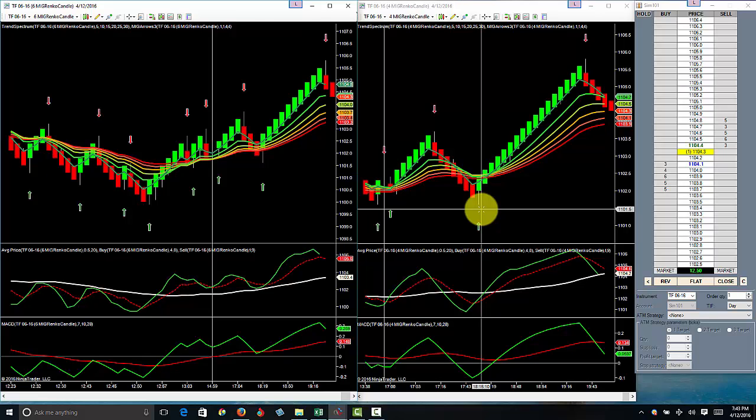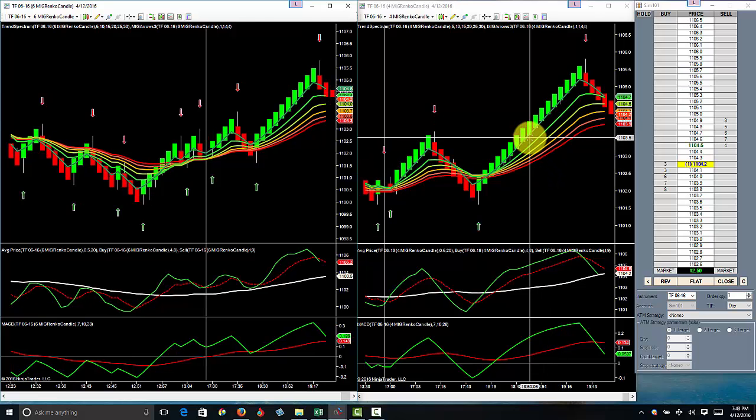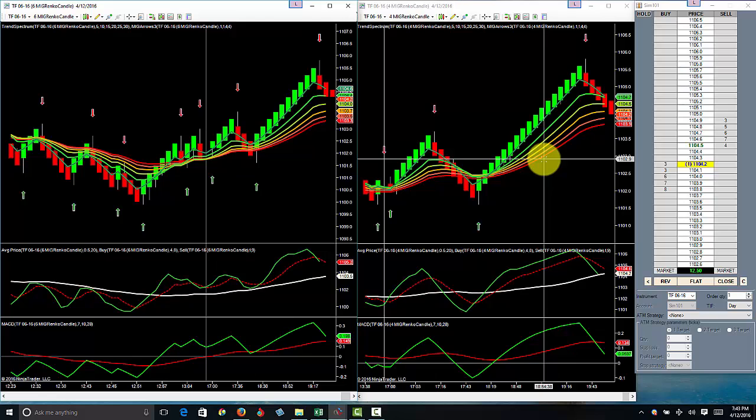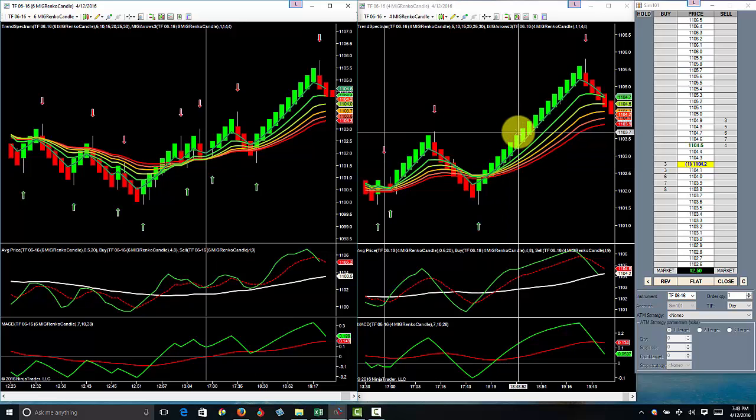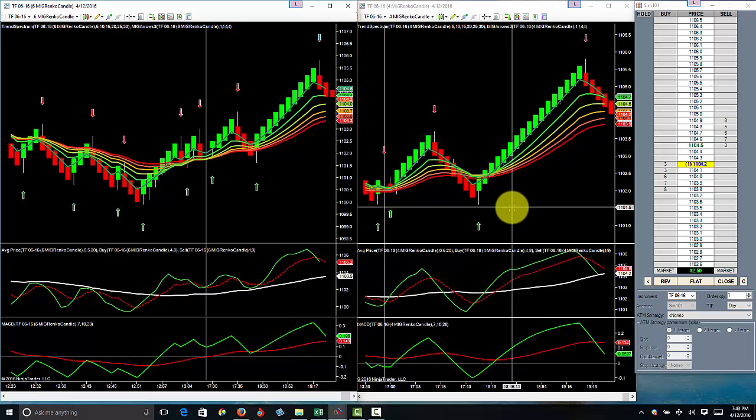Now we've got this little rainbow color line here, with the green all the way down to the red. When we see the green spectrum completely on top of the red and it's beginning to flare out like it did here, that means the market is trending in the uptrend.